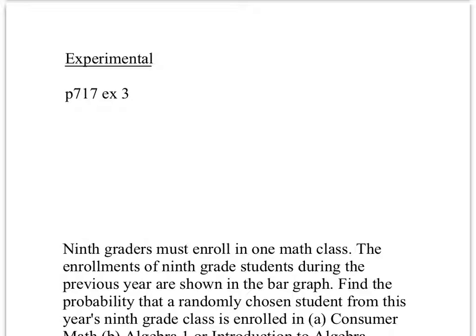Okay, so probability at most 20. All right, so on the top is going to be how many people are 20 or under. So it says under 21 on the bar graph.